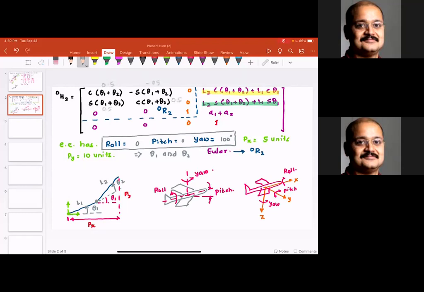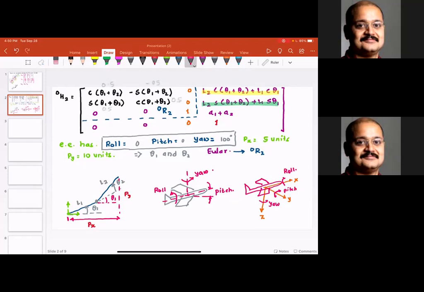There are two ways to solve this problem, and I will tell you the tricks. These two tricks will most likely be used. In this entire equation, you know the matrix in numerical form, but L1 and L2 are physical link lengths that are given to you. So L1 is known, L2 is known, A1 is known, and A2 is known.